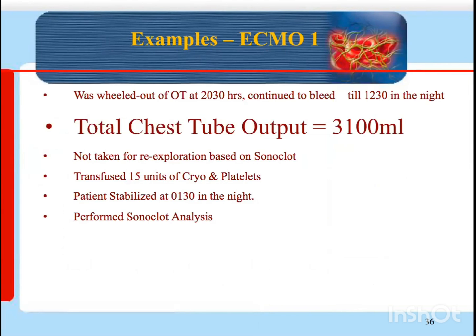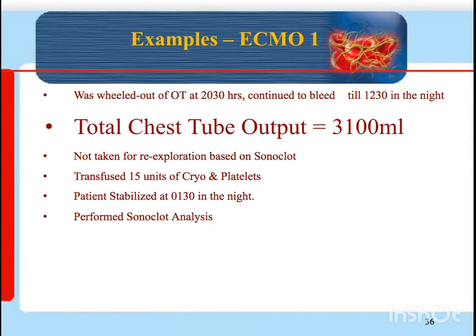So he was wheeled out, and continued to bleed till 12:30 in the night. The chest tube output was 3100 ml, not taken for re-exploration based on sonoclot, because we had given this patient a lot of platelet concentrates and FFP, and the drainage output became better. Within an hour, the patient, with 15 units of platelets and some cryo, became better at 1:30 in the night.